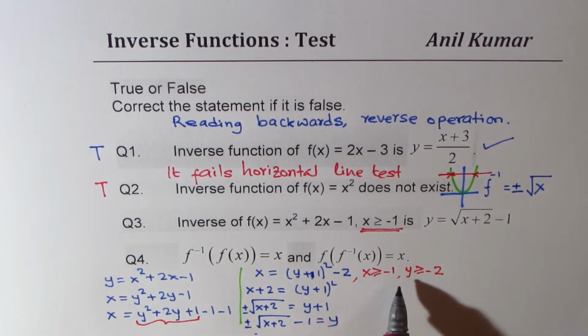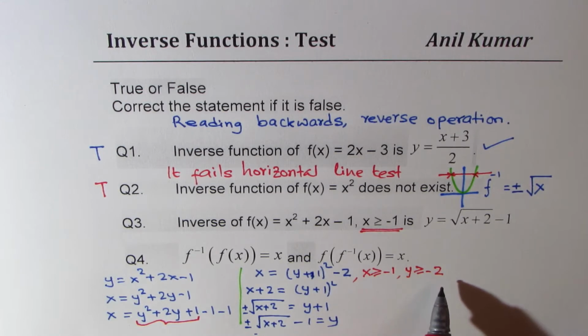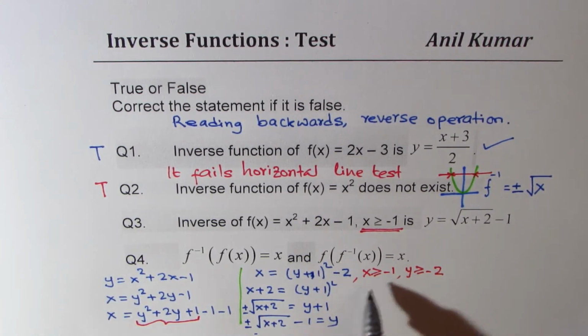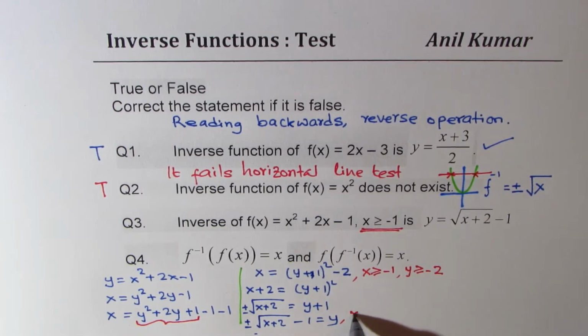When you take the inverse, it swaps, right? So at this stage, we know x is greater than or equal to minus 2 and y is greater than or equal to minus 1 for the inverse. Now that is possible only if you take the positive value. Do you see that?